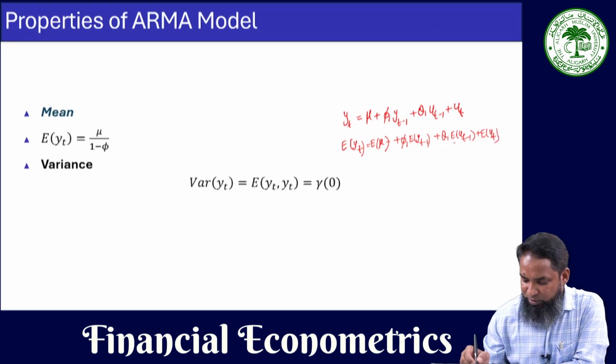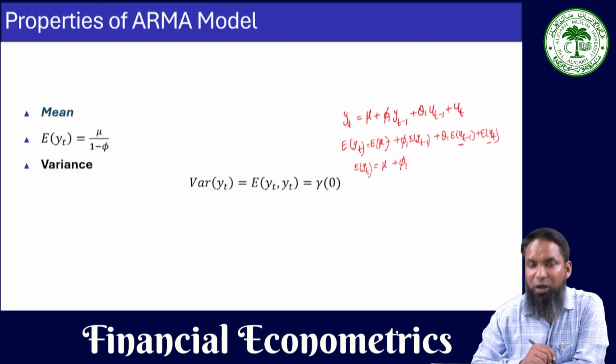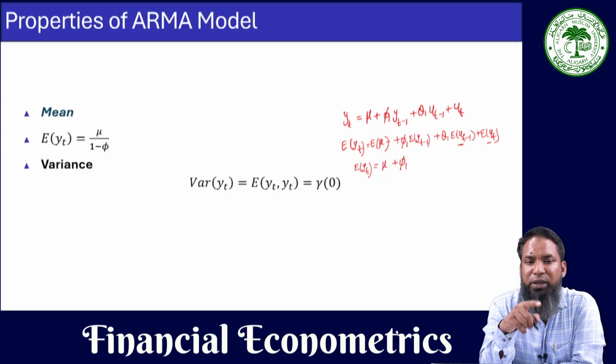Now we know that the expectation of ut minus 1 will be equal to 0 and the expectation of ut will also be equal to 0, and here we have the expectation of yt equal to mu plus phi 1 times the expectation of yt minus 1. Now we know that the expectation of yt and yt minus 1 will be the same.